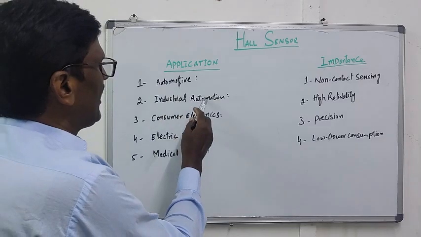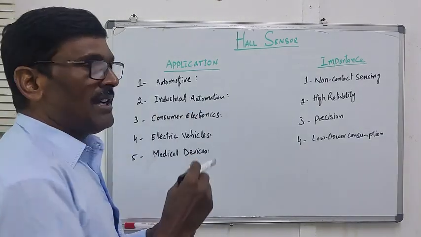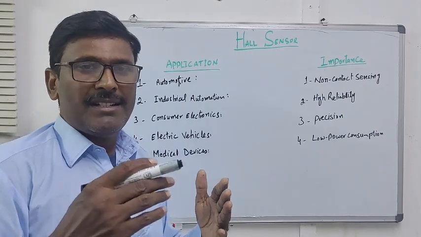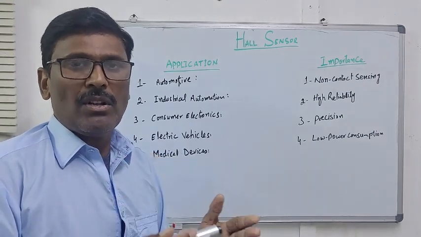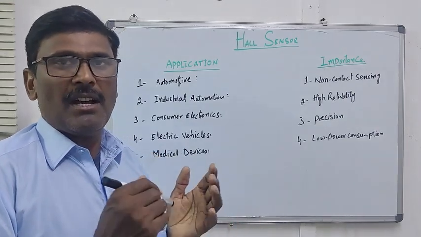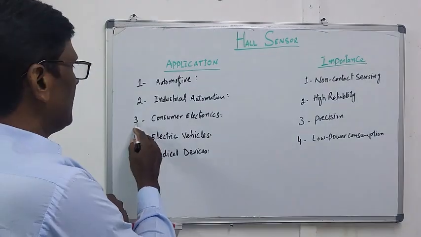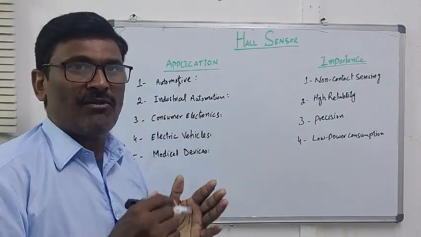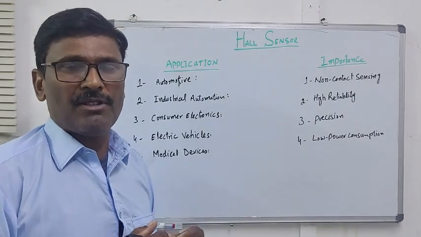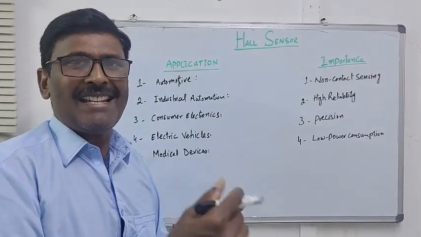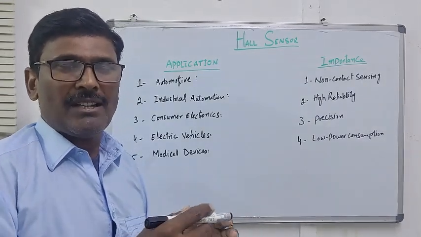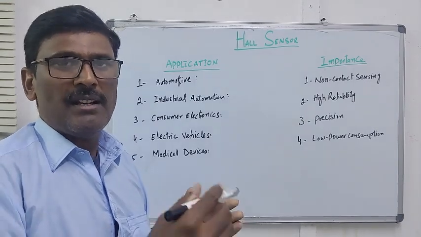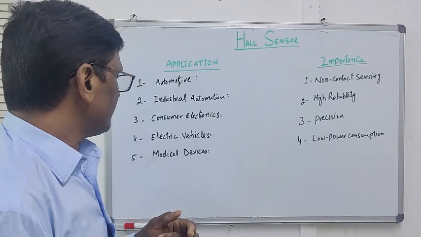The second use is industrial automation, where we use it in industrial motors and robotic systems, to control the position and speed of the robots. Third is consumer electronics, where we use it in smartphones for proximity sensing and magnetic switching, and also in smart watches.